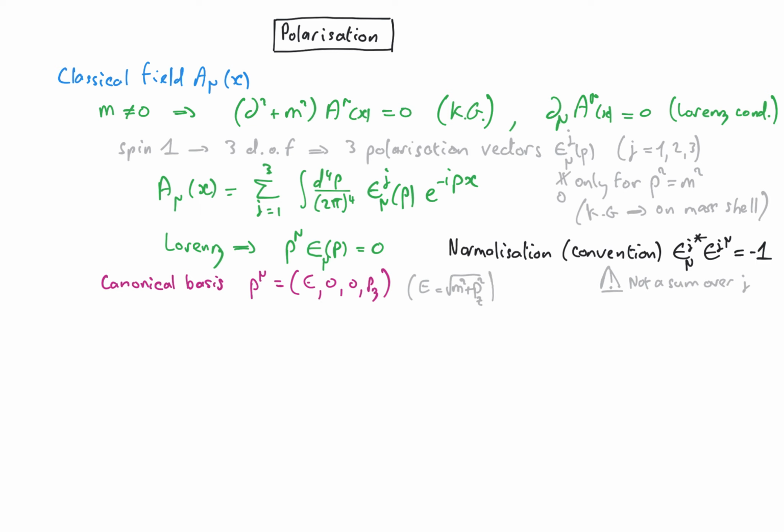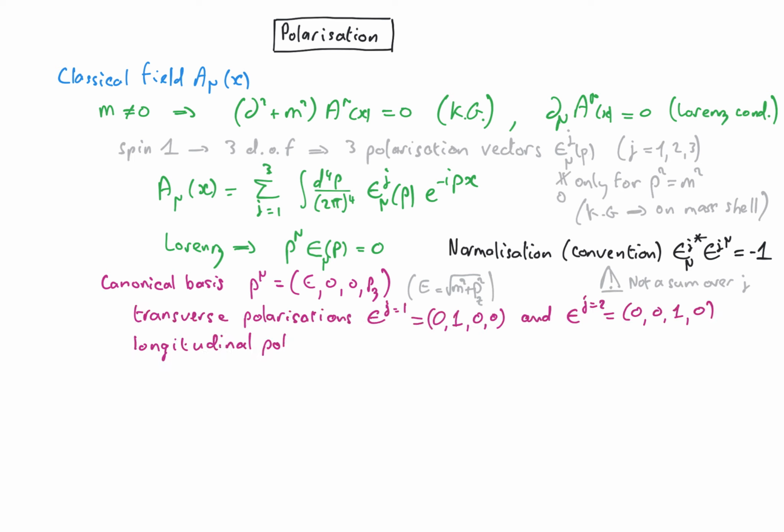We can now define 2 transverse polarizations which are perpendicular to the linear momentum and 1 longitudinal polarization which is parallel to the linear momentum. You can verify that these obey both the Lorentz condition and the normalization condition.